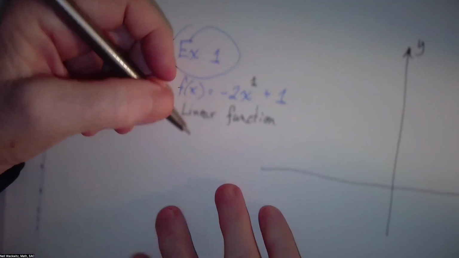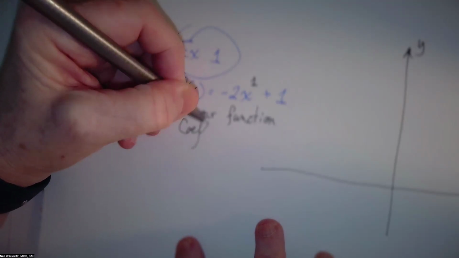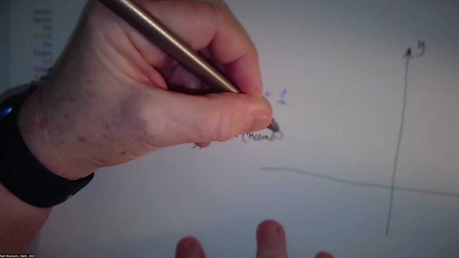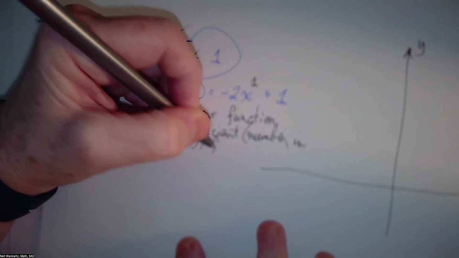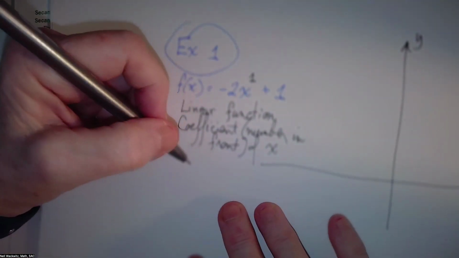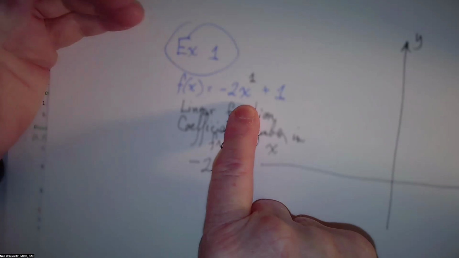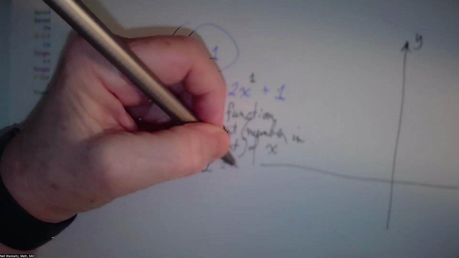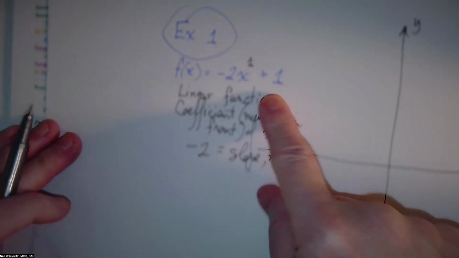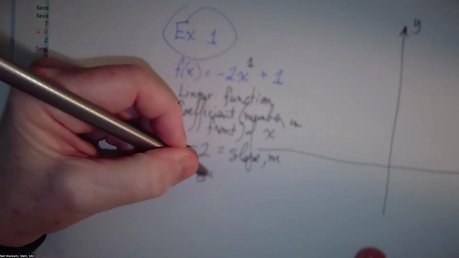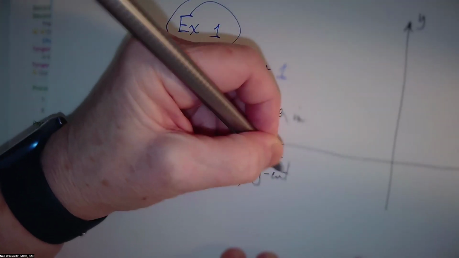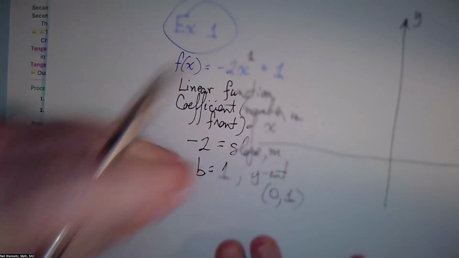The number in front of x, the coefficient of x, is negative 2. The coefficient of x in a linear function is the slope. And b, so it looks like b is equal to 1, so the y-intercept is 0 comma 1.